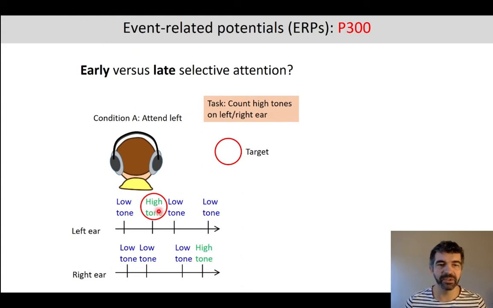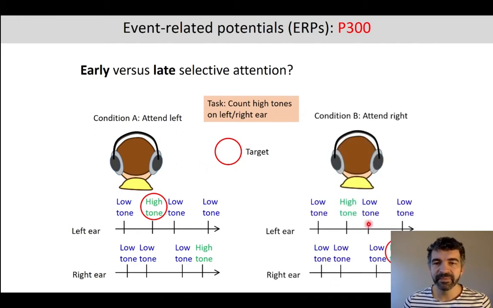So this would be the only target stimulus in this example. And then they had to count how many of these tones were presented. In condition B, it was just the opposite. Now they could ignore the left ear and only had to count targets on the right ear. Again, high tones.